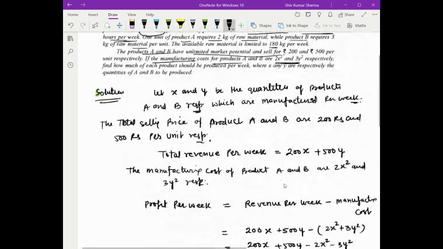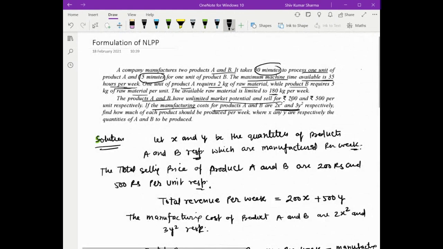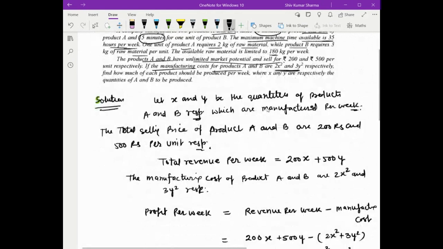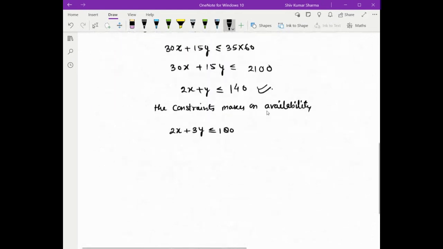Total availability is 180 kg per week of the available raw material. So this is the second constraint, and we have x and y.